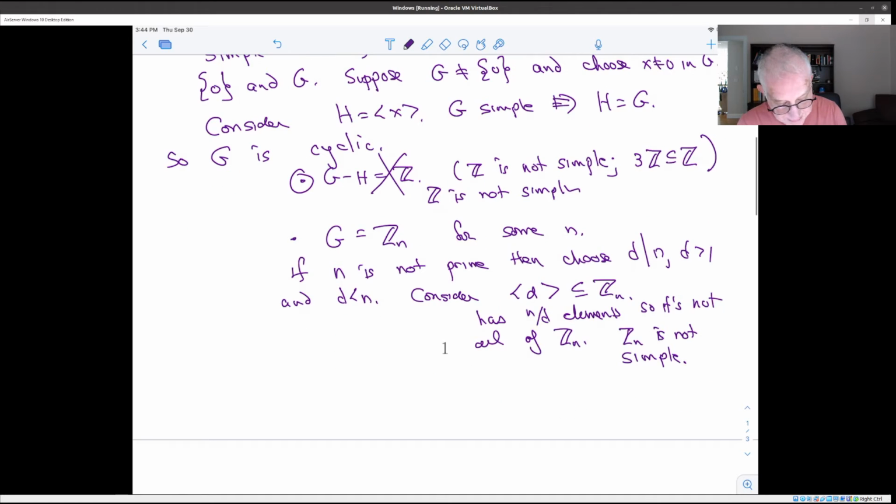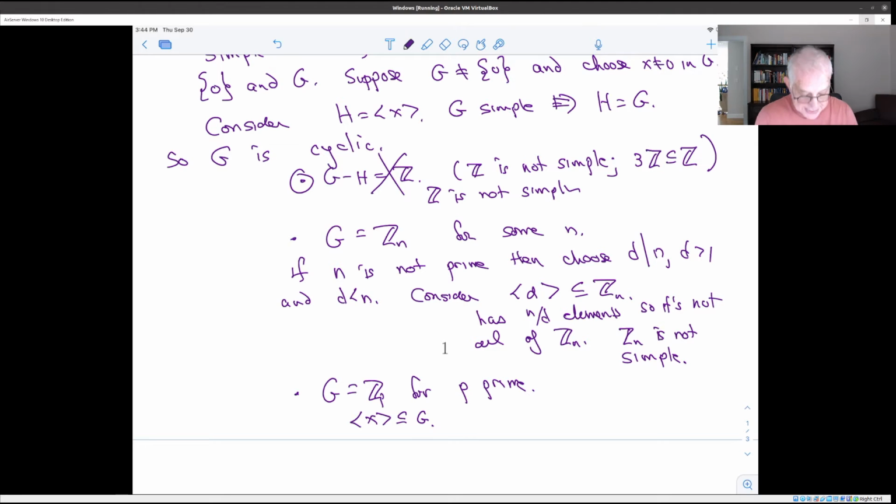But if G is Z_P, then the cyclic subgroup generated by X is a subgroup of G, but its order has to be a divisor of the prime, and the only possible divisor of the prime is P itself. And so therefore, the cyclic subgroup generated by X has to be equal to all of G. And that means that any non-trivial subgroup of G is the whole group.